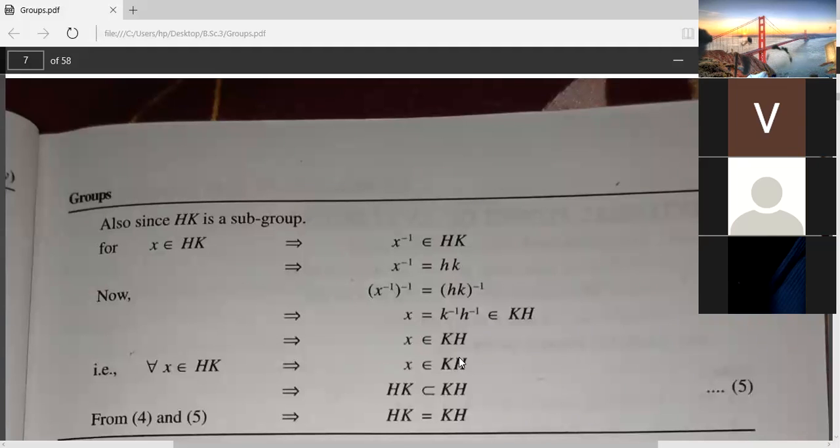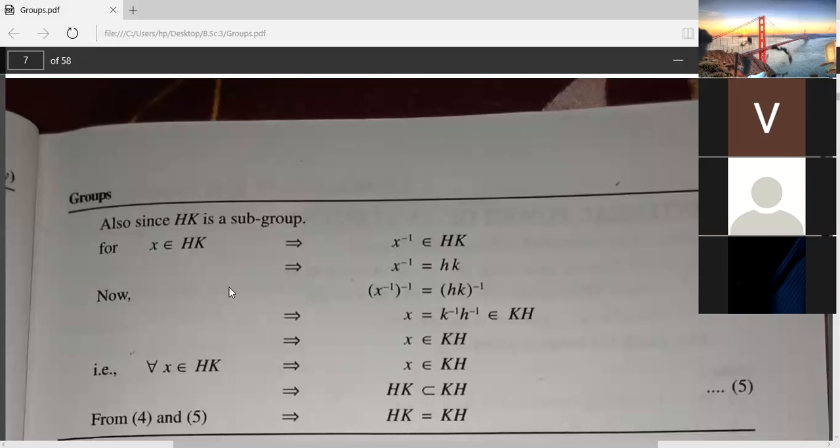Since x belongs to HK, x inverse belongs to HK, because HK is a subgroup, so the inverse exists. Now x inverse equals hk; take the inverse on both sides, and you get x inverse of inverse equals (hk) inverse. Now inverse of inverse is the same one, and (hk) inverse equals k inverse h inverse by the reversal law in groups. So k inverse h inverse belongs to KH, because k inverse is an element of K and h inverse is an element of H.